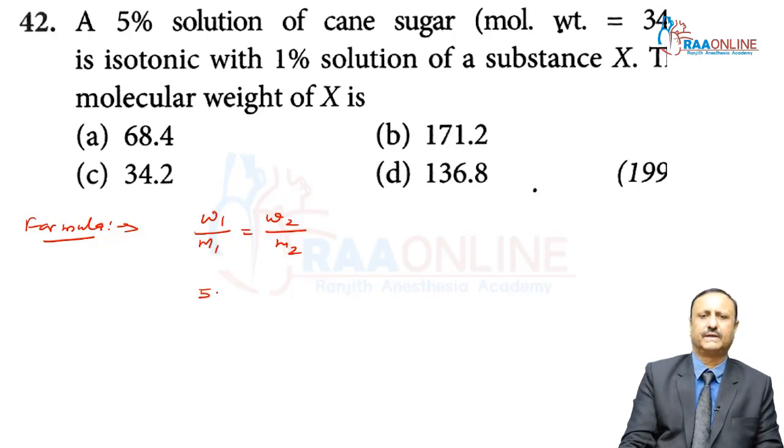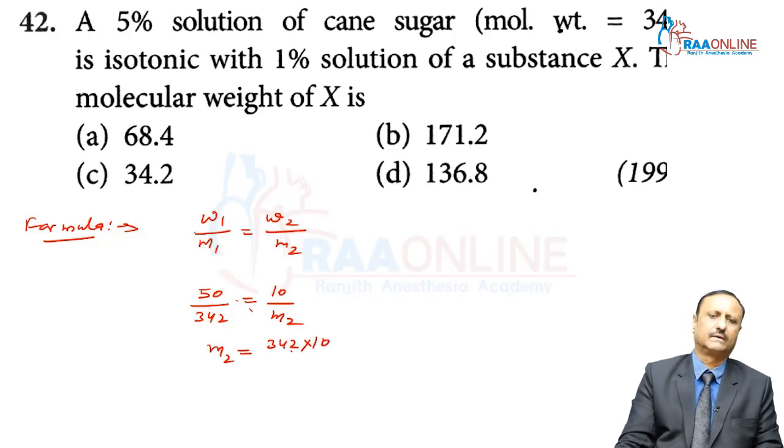So when you put 50 upon 342 equal to 10 upon small m2, you can calculate it, my dear students. M2 is equal to 342 into 10 upon 50. Then you can calculate 342 upon 5.